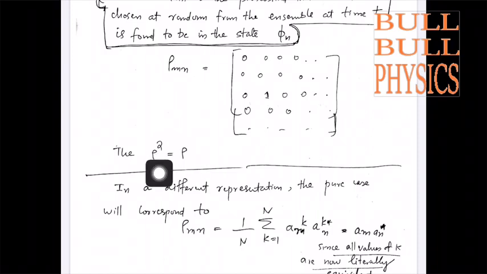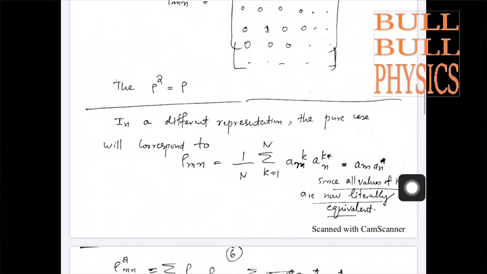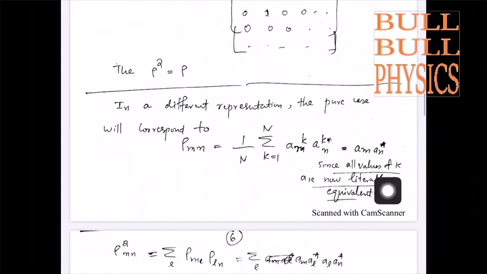So if you multiply rho with rho, you will get rho itself, because the off-diagonal elements are 0 and only one of the diagonal elements is non-zero and its value is 1. So rho square will be equal to rho.